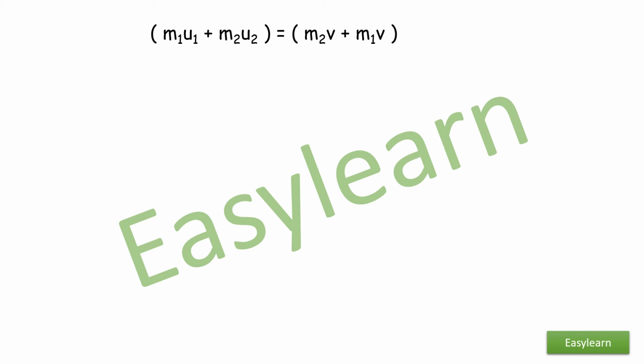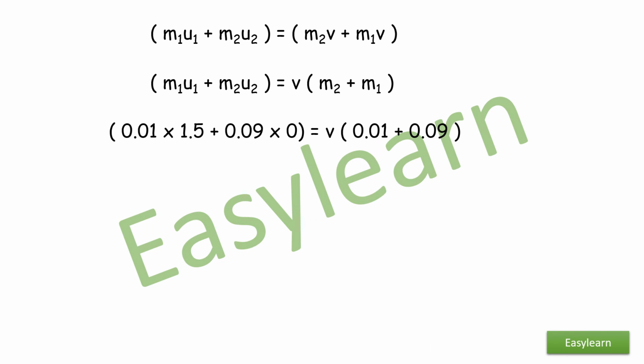That is m1 u1 plus m2 u2 is equal to m2 v plus m1 v. That is m1 u1 plus m2 u2 is equal to v, which is common, in the bracket m2 plus m1. Substitute the values: 0.01 into 1.5 plus 0.09 into 0 is equal to v into (0.01 plus 0.09).